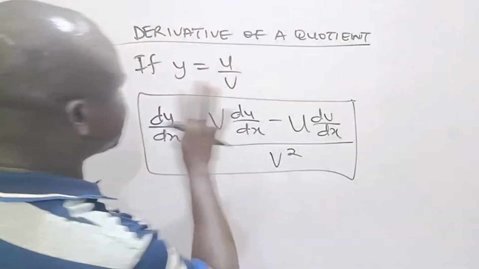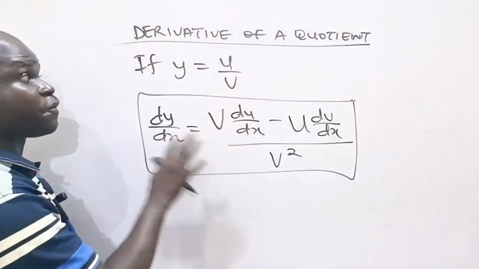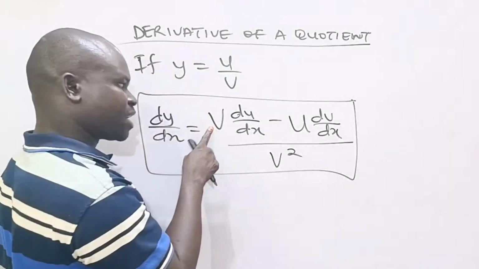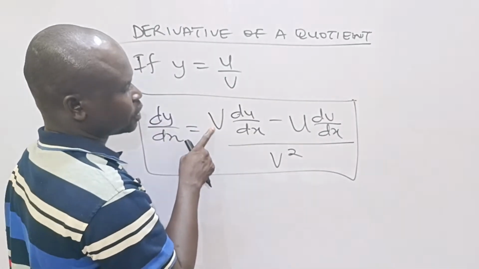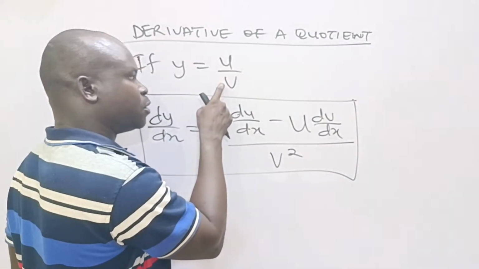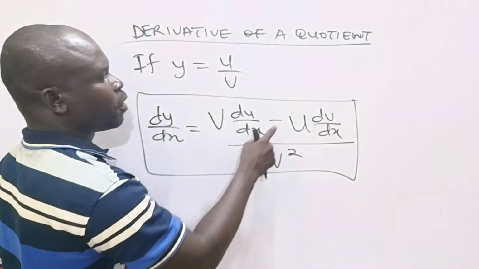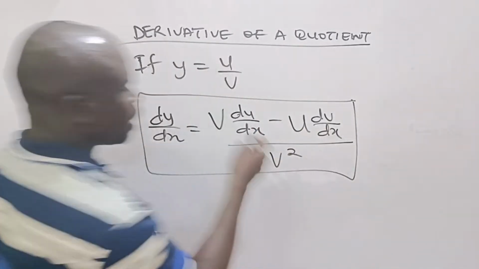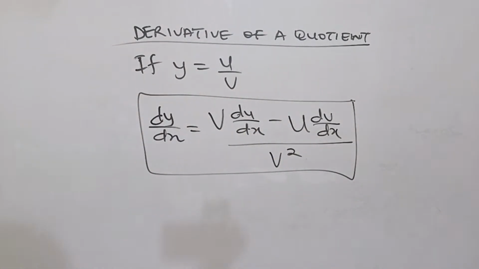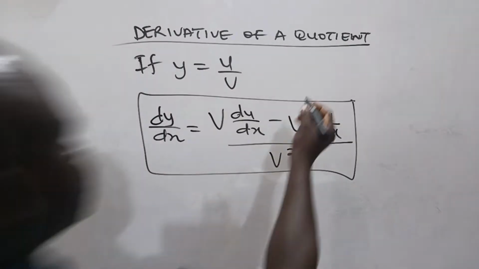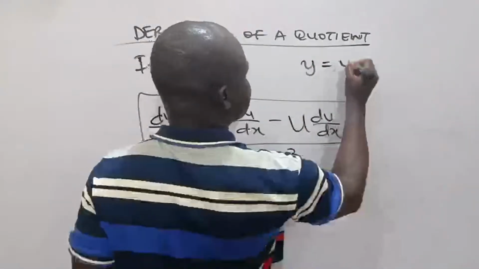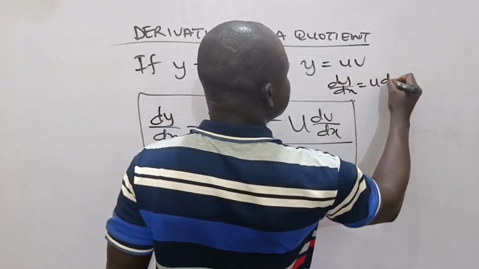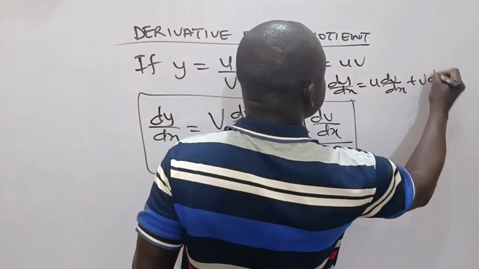So if you have a function in the form of a fraction, just have it in mind that it's a must to start from v. Then you pick the denominator, you differentiate the denominator, minus, you pick the numerator, you differentiate the denominator, all over v squared, the denominator squared. But in case of the product that we discussed yesterday, where we have y is equal to u times v, the derivative dy dx is just u dv dx plus v du dx.